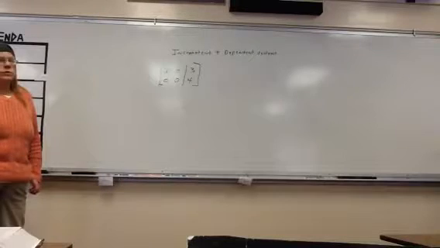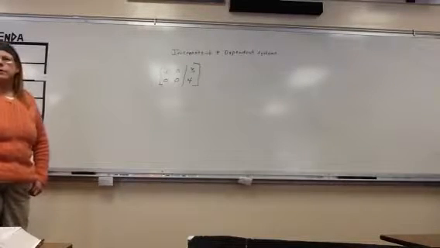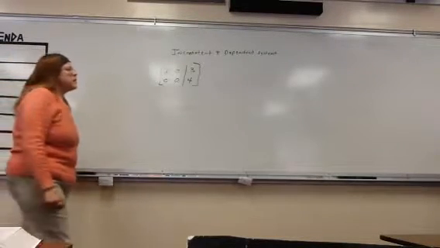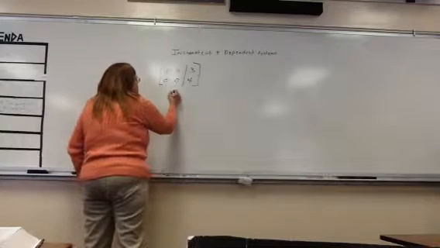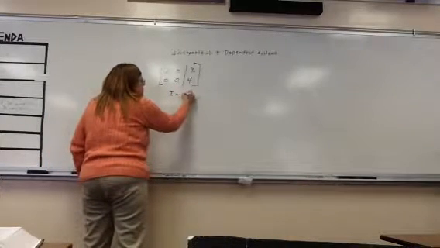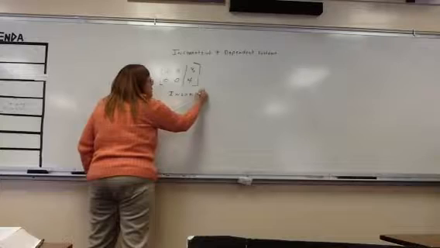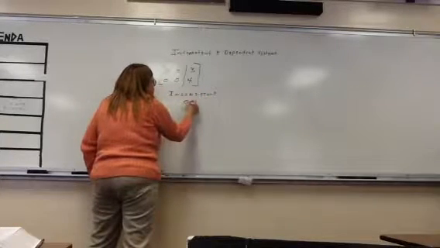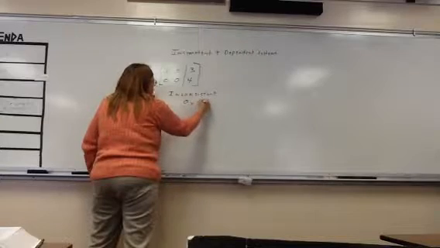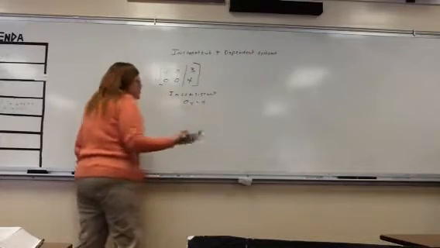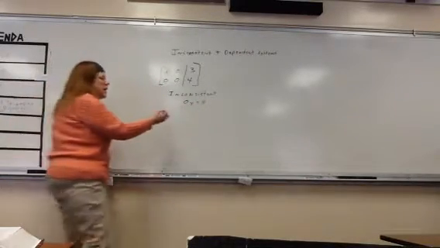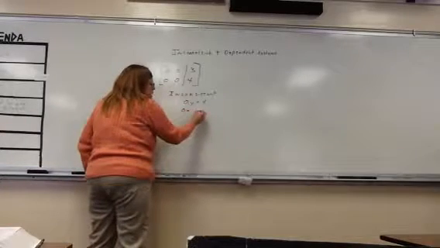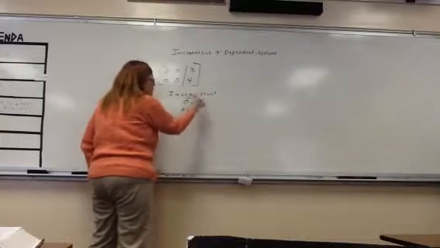Can you solve something like that? This is inconsistent because 0x can't equal 4, because you can't divide by 4.